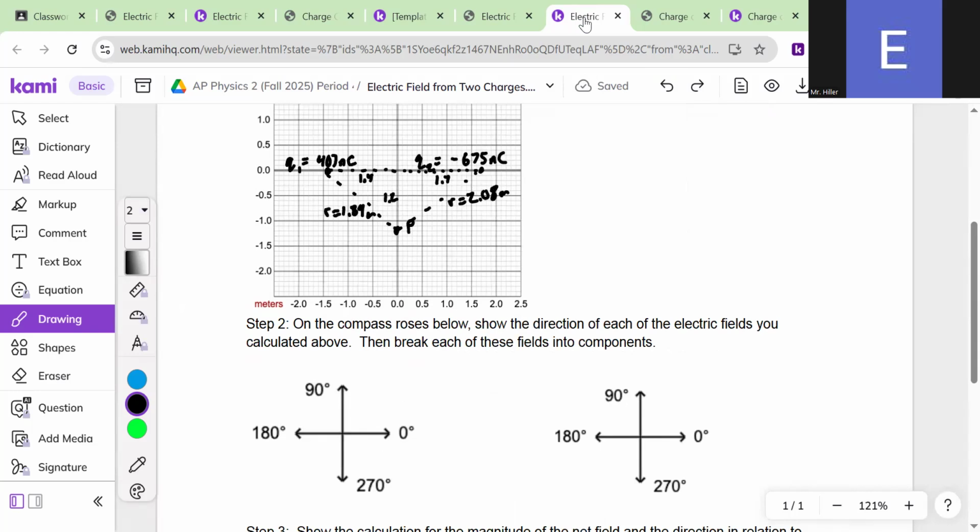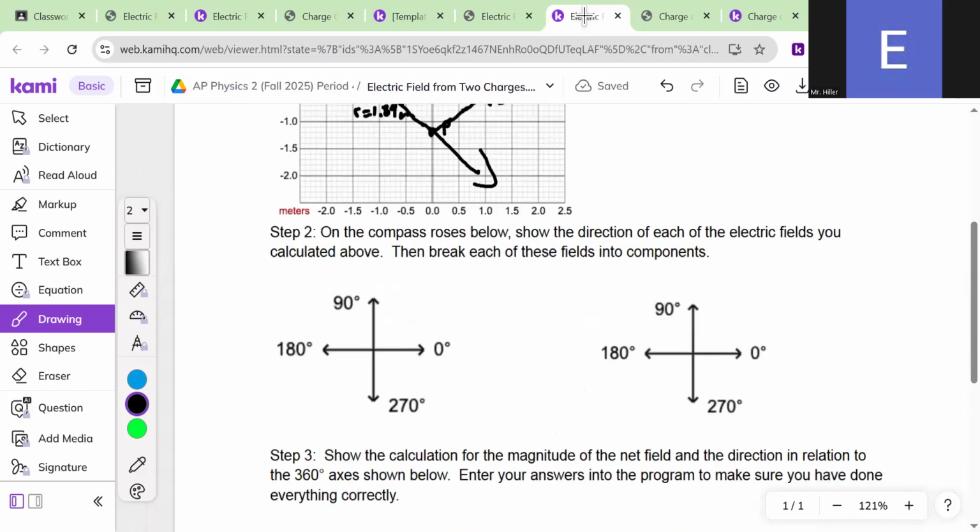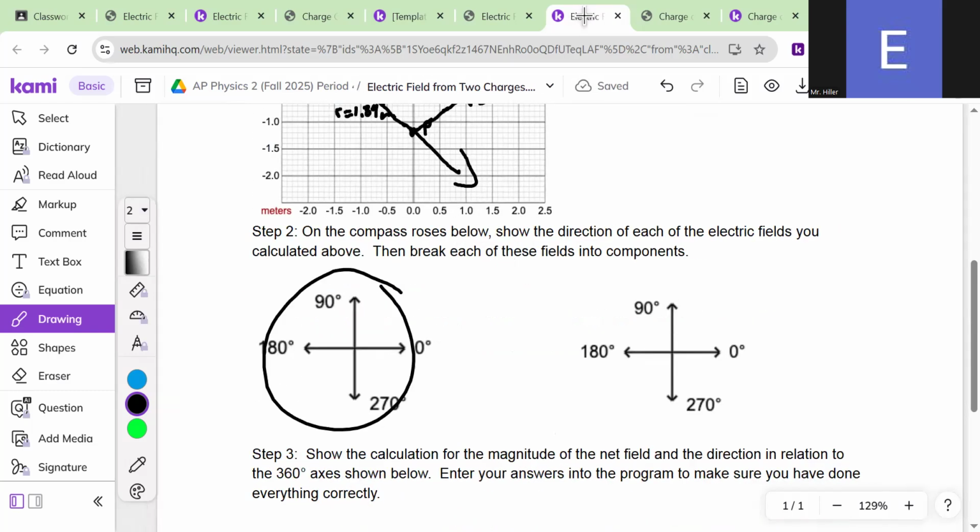Let's figure it out. Since Q1 is positive, it's going to send an electric field line down in this direction through point P. Since Q2 is negative, it's going to send electric field vectors toward the negative charge in this direction here. So in this first compass rose, we'll do that for Q1, and then this one for Q2.